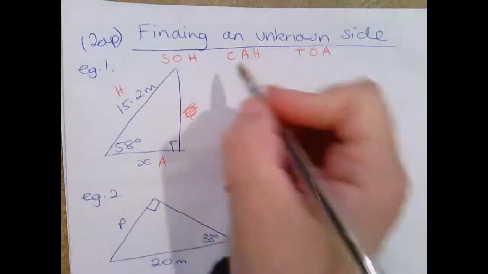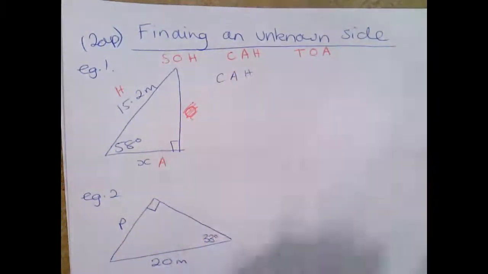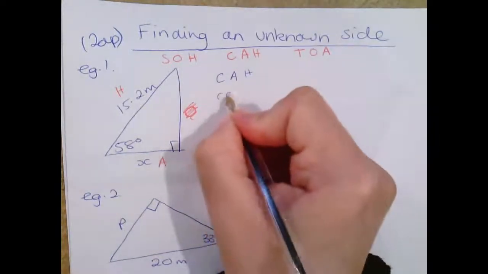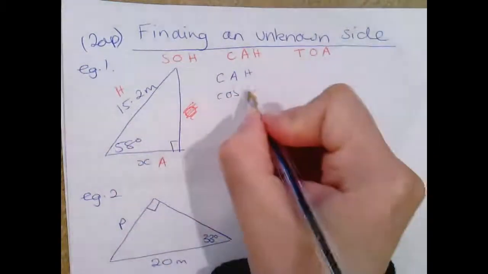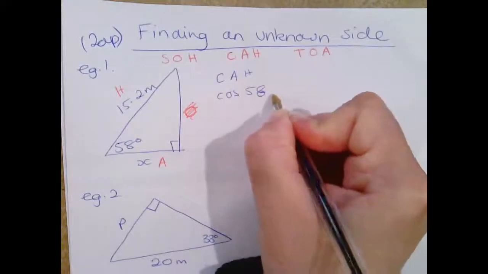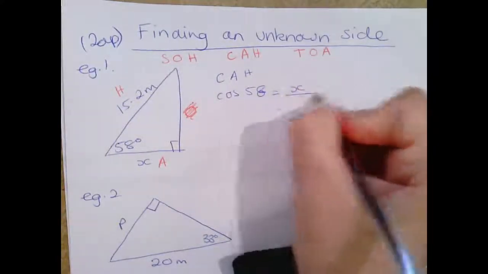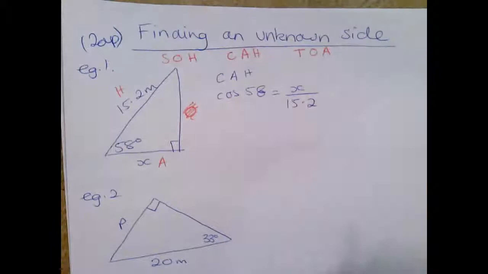It's going to be CAH. So then we write cos of the angle 58 equals x over 15.2 because it's A over H, adjacent over hypotenuse.